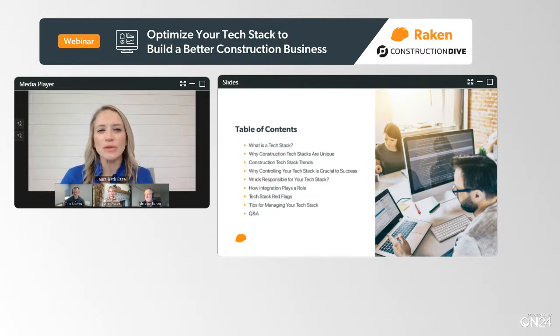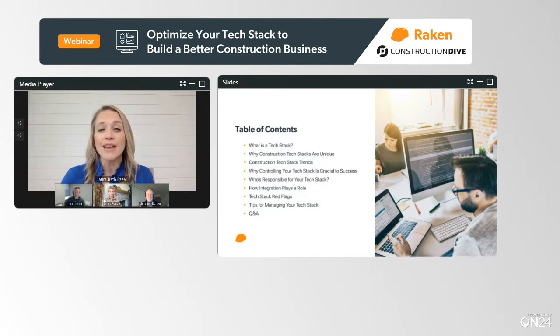As I mentioned earlier, we'll be talking about construction tech stacks as new types of software and applications hit the market to help construction companies manage their people and projects. It's easy for contractors to wind up with cumbersome tech stacks. As these tech stacks grow, they can become harder to manage, which leads to higher costs, more hands-on work, and a lack of control over valuable information.